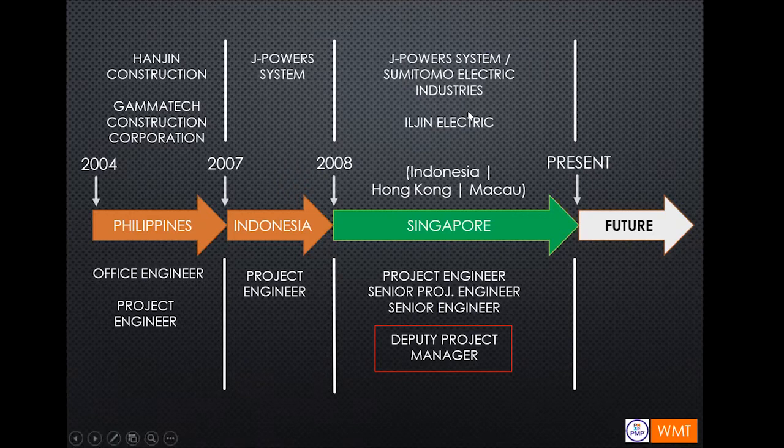In Singapore, I have worked for only two companies, J-Power Systems or Sumitomo Electric Industries, and currently I'm working with Ilgen Electric, a Korean company. For this Ilgen Electric company, my position is Deputy Project Manager.